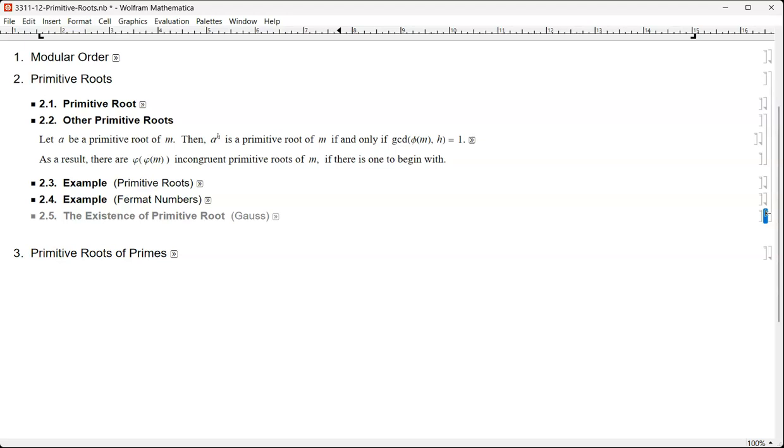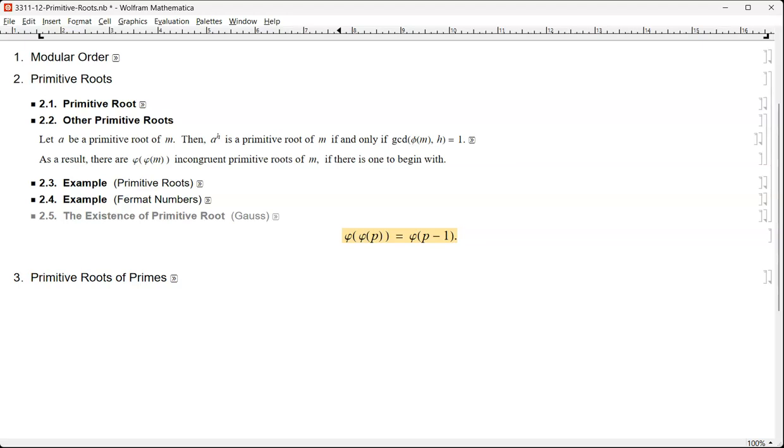primitive roots exist. Consequently, we get phi of p. And what is phi of p? Phi of p is p minus 1 because p is prime. And that's it.